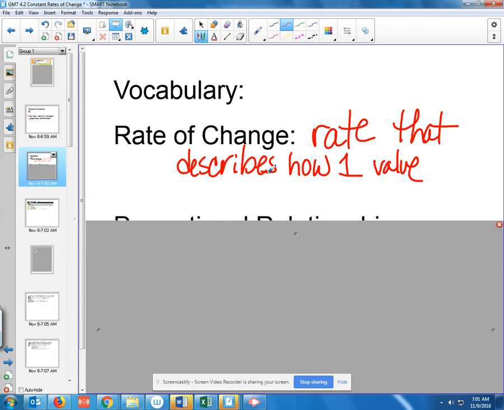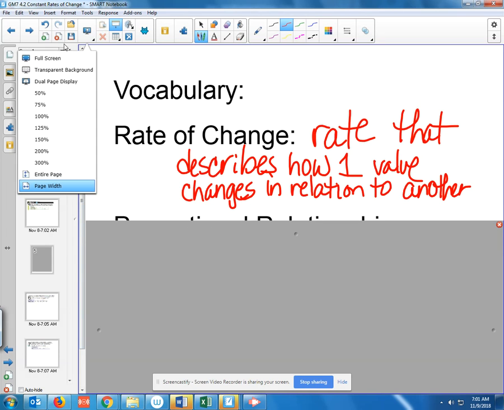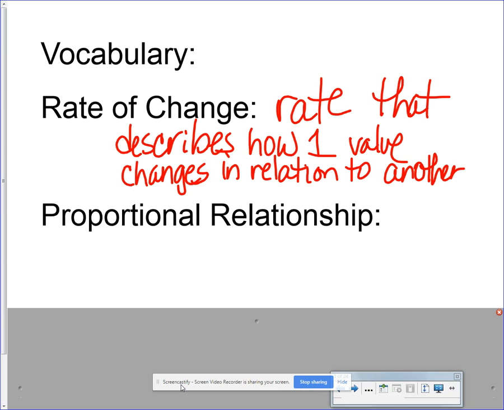So a rate that describes how one value relates to another one, or changes in relation to another one. I guess that's the best way. Once you see a bunch of these, then it'll become more clear. The wordy definition may not make sense completely at first, but we'll get through this and then go from there.